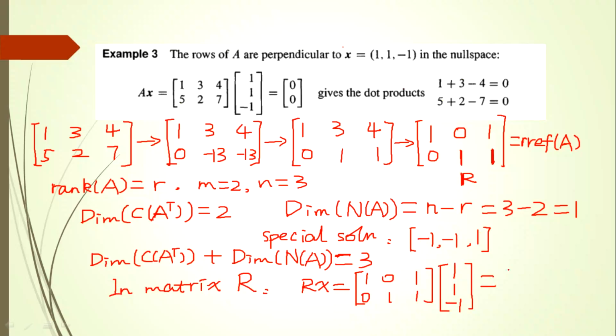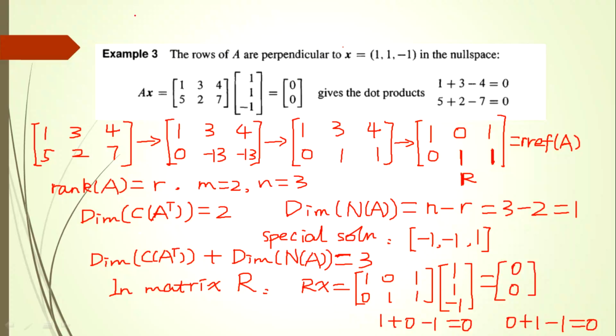So here we get 0, 0. First row times this solution, 1 plus 0 minus 1 equals 0. Second row multiplied by x, we get 0 plus 1 minus 1 equals 0. So it's the same for matrix R as well as for A. What does this mean?